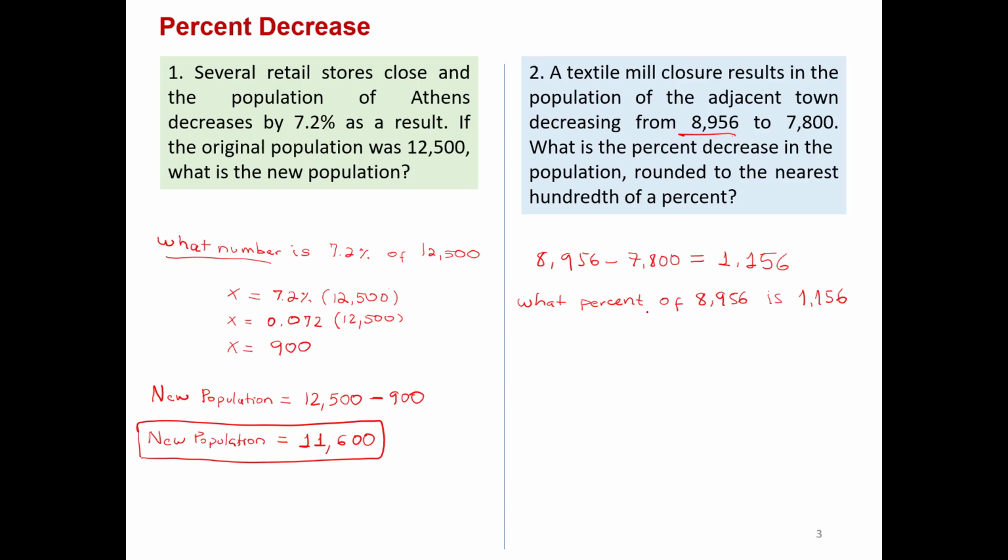We want to know what percent, this is the x, of means multiplication, is means equals 1,156.